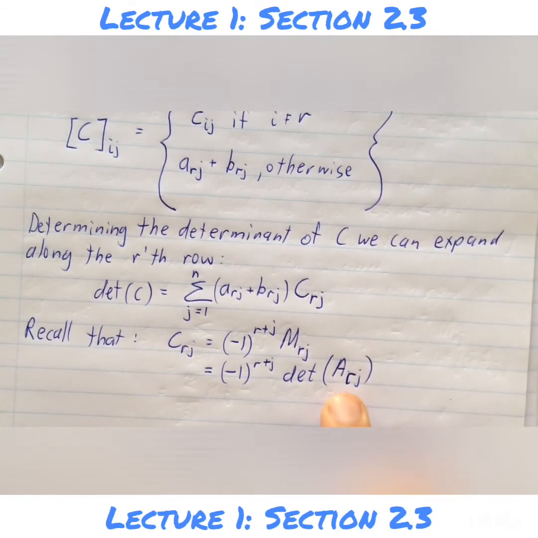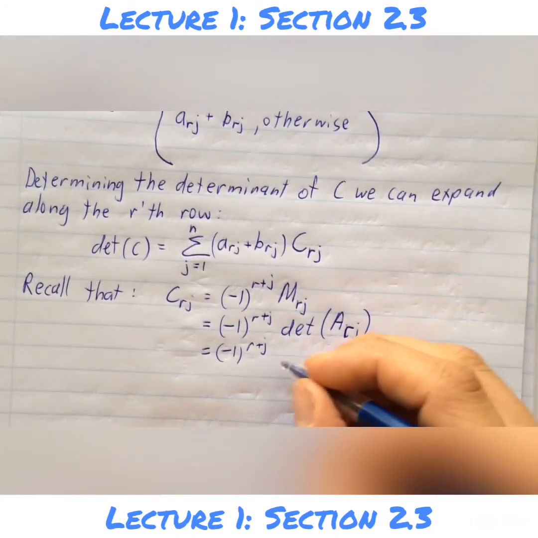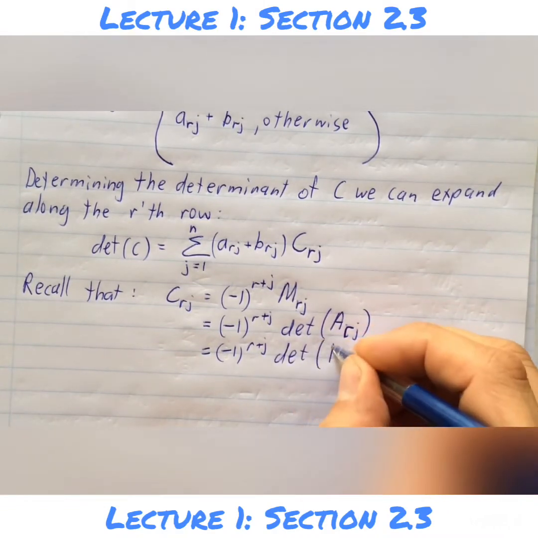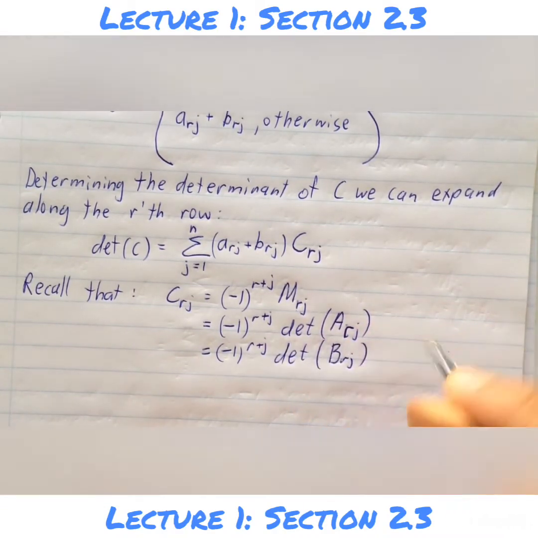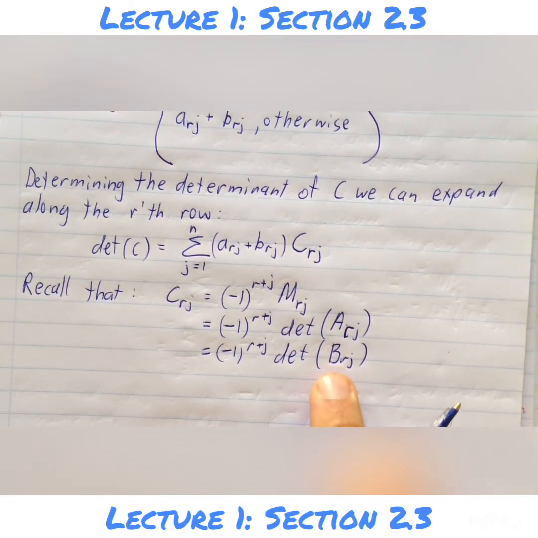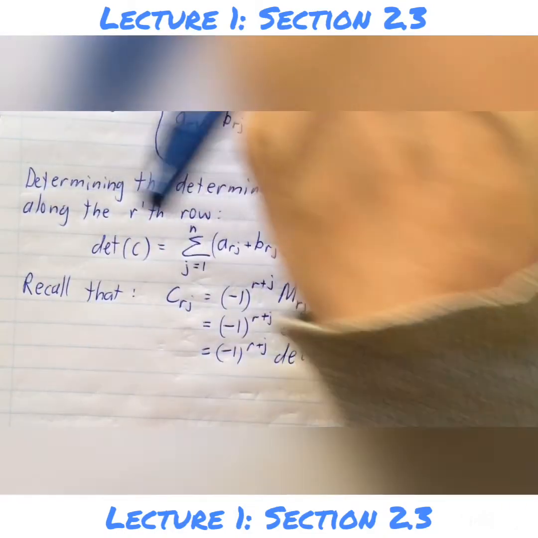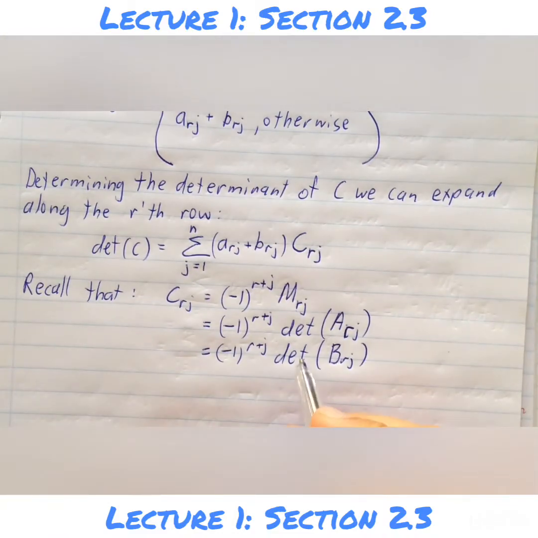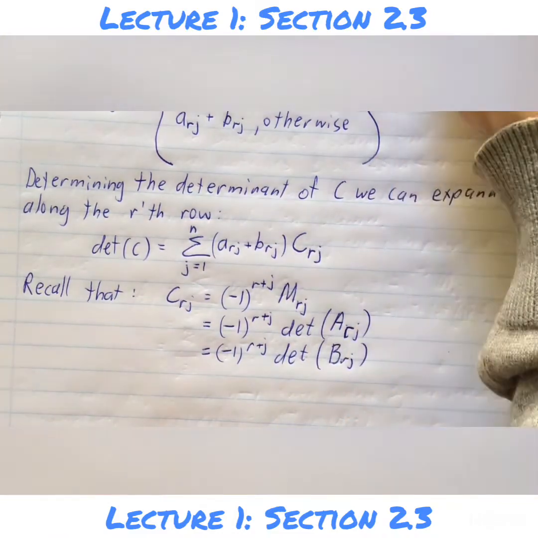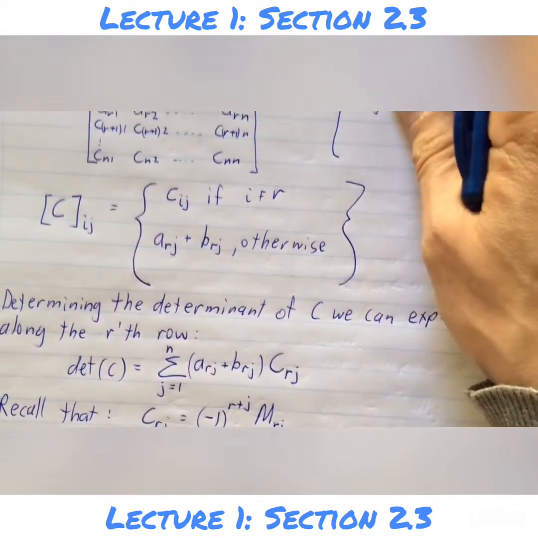Now remember from the previous example I defined A_rj as the matrix that I get by cancelling the rth row and the jth column. And that you can replace as well by the determinant of B_rj. And B_rj I'm defining as the matrix that I get from B by cancelling the rth row and the jth column of B. Right, and these two determinants are the same because of the way A and B are defined.